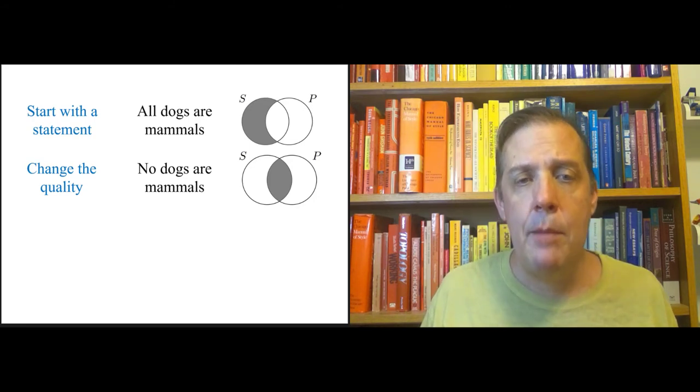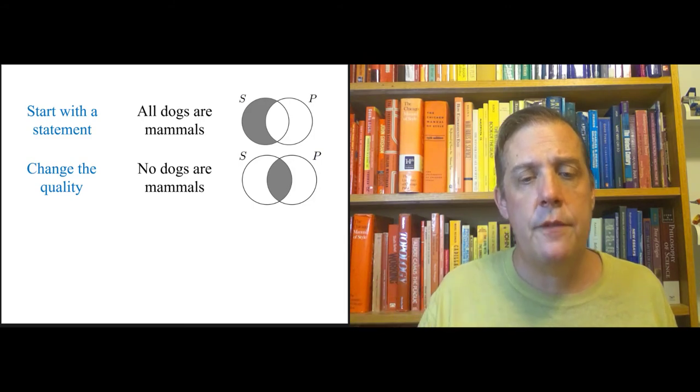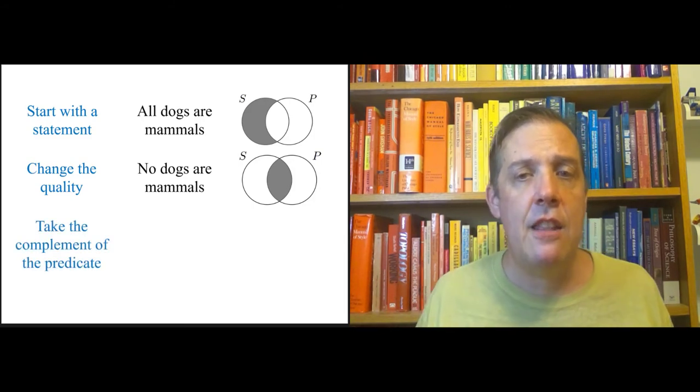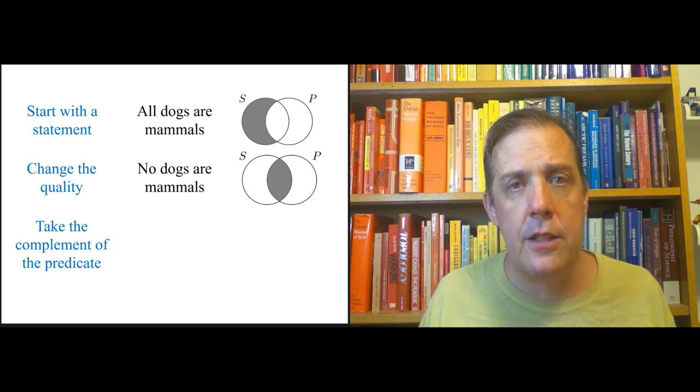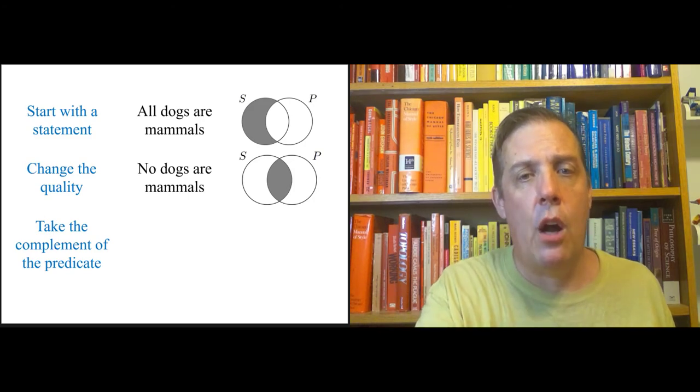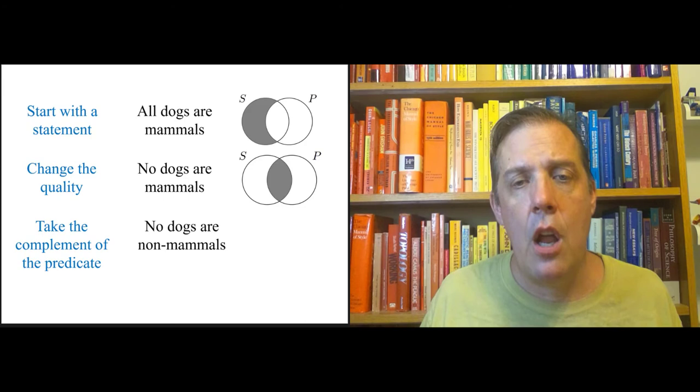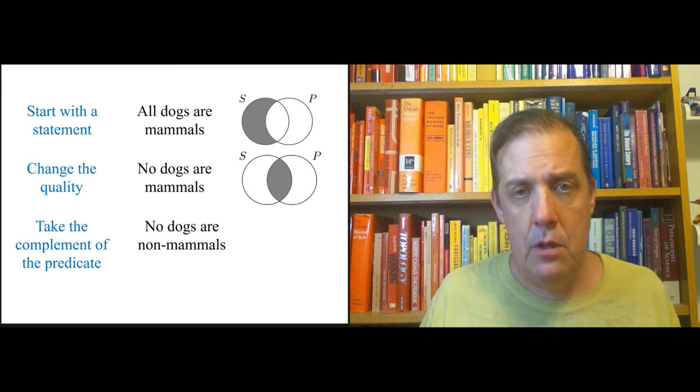But look what happens when you do the last part of this transformation. You take the complement of the predicate. What you get are no dogs are non-mammals.